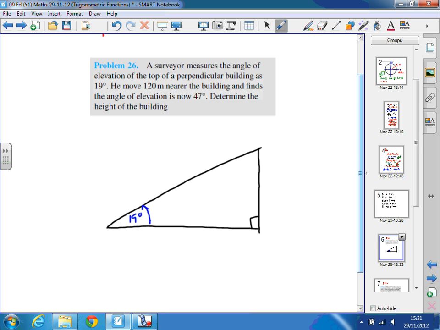He then moves 120 meters nearer the building and finds the angle of elevation is now 47 degrees. He's moved a distance of 120 meters, so the distance from there to there is 120 meters. Determine the height of the building.